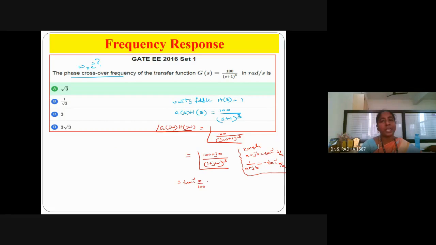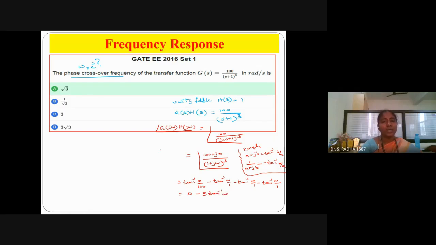The denominator has 3 factors, multiplied together, so three times minus tan inverse of imaginary by real. Tan inverse 0 will be 0. Other than that, I have minus 3 times tan inverse of omega by 1.